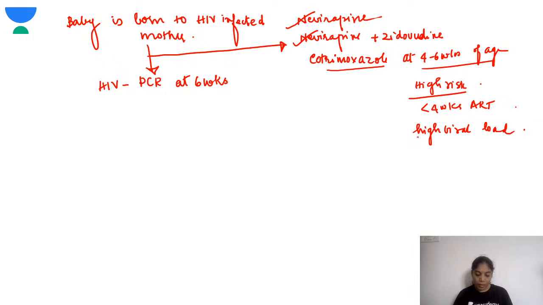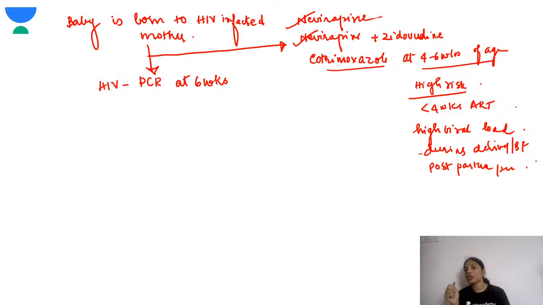Also mothers who got the infection during delivery, during pregnancy, or during lactation and breastfeeding, and mothers first identified during the postpartum period. Prenatally the mother would have been negative, but postpartum you find that the mother is positive. These are the high risk conditions where you also add cotrimoxazole.